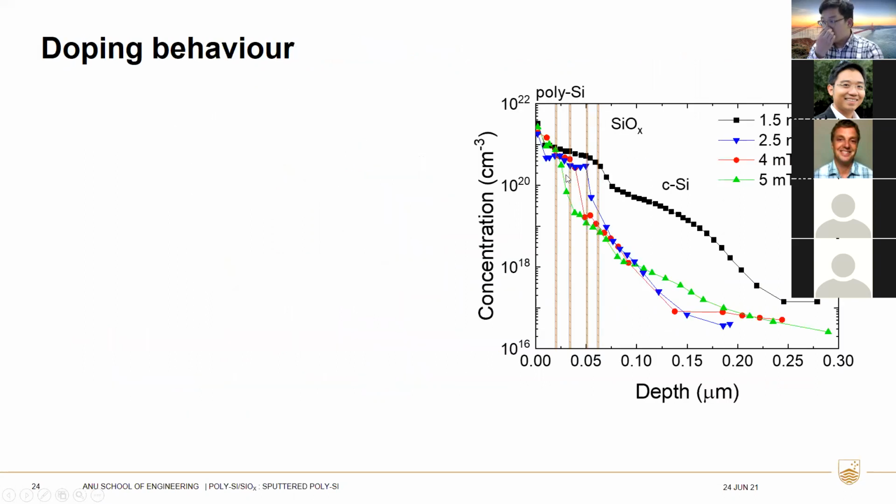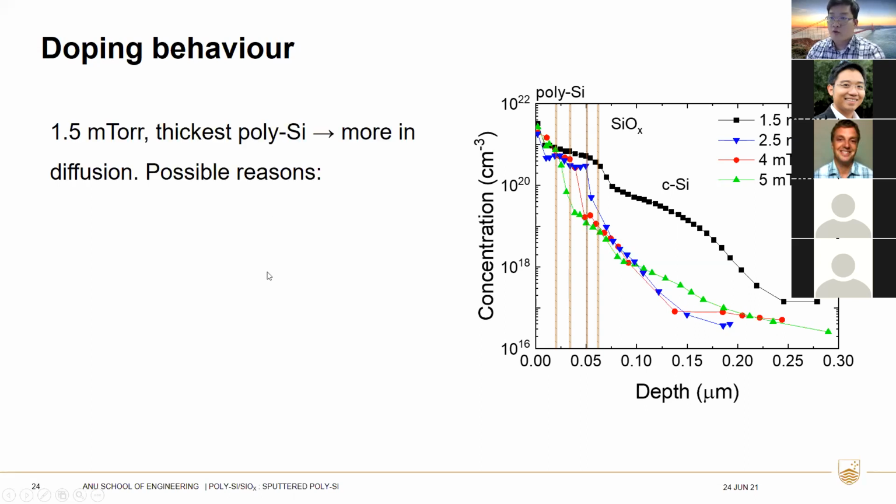About doping behavior, for samples larger than 1.5 millitorr, we see the doping profile is quite similar in the crystalline silicon substrate. But for the 1.5 millitorr samples, the thick polysilicon film, there's more indiffusion of the dopants inside the crystalline silicon substrate. There are possible reasons for that.